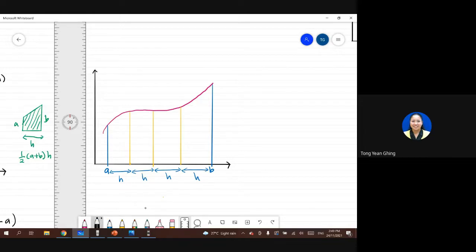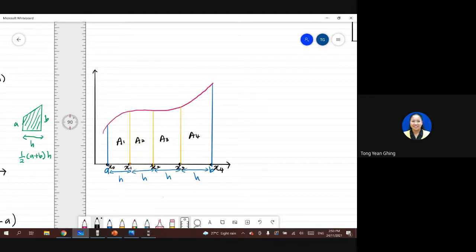So I divide it into segments so that I want to find A1, A2, A3, A4. Then I will rename all the points here: this is x0, this is x1, this is x2, this is x3, and this is x4.